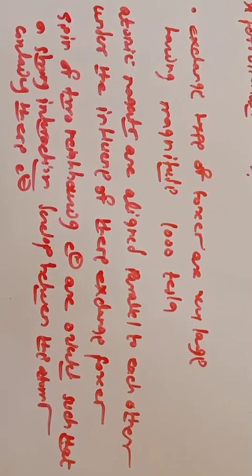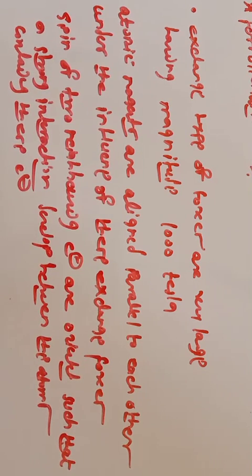There is no pairing of electrons. They have the same direction. So the electrons have a plus half spin in all atoms, and therefore the net magnetization is very much higher in ferromagnetic material.